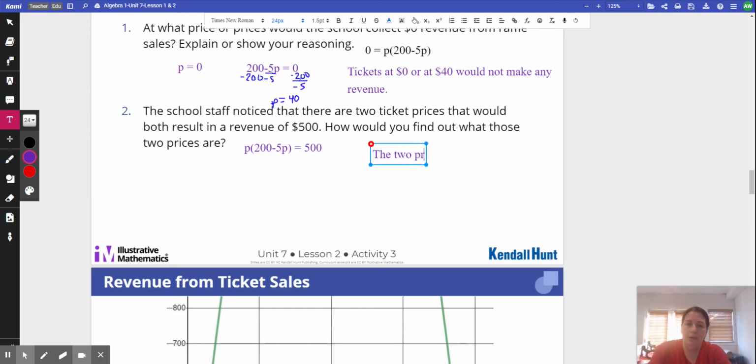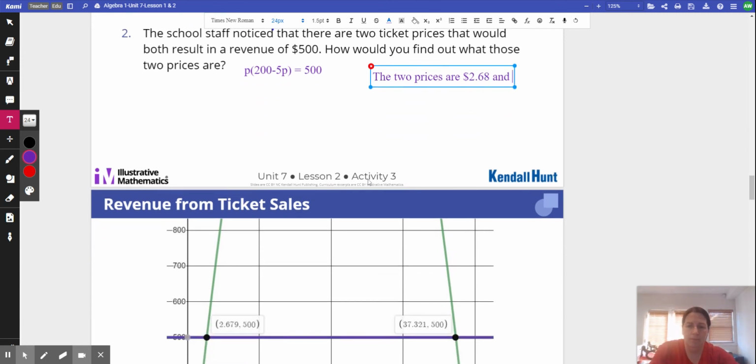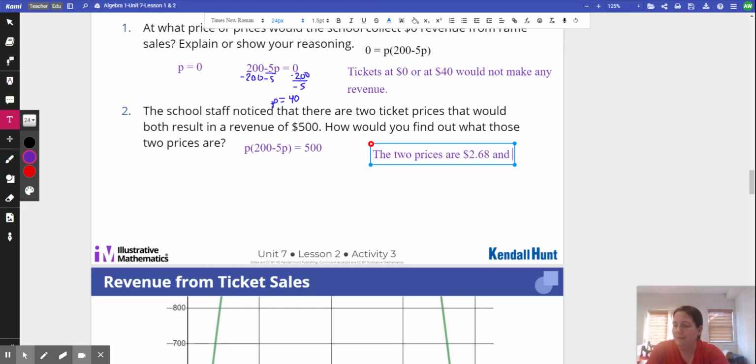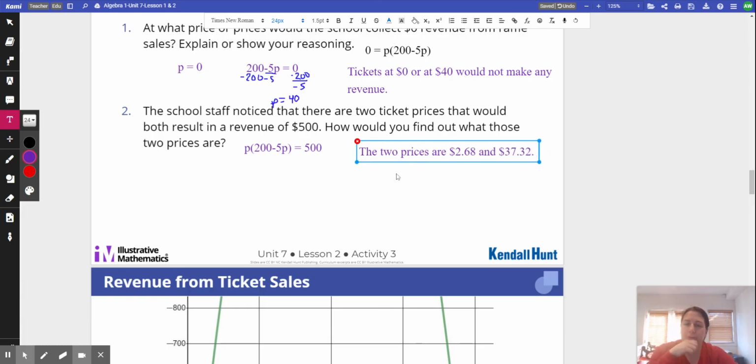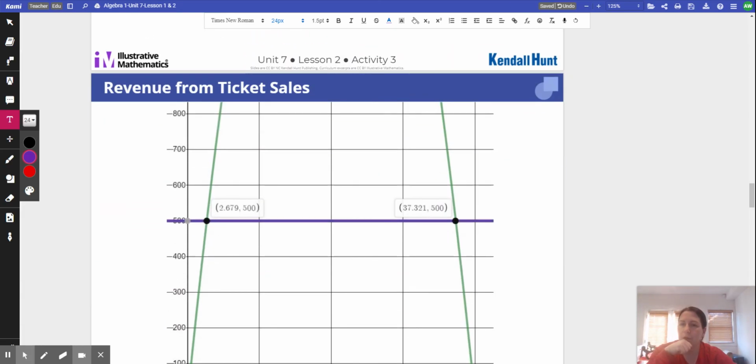So the two prices are $2.68 and $37.32. Those are the two prices where they would make $500. And you can see that in Desmos.